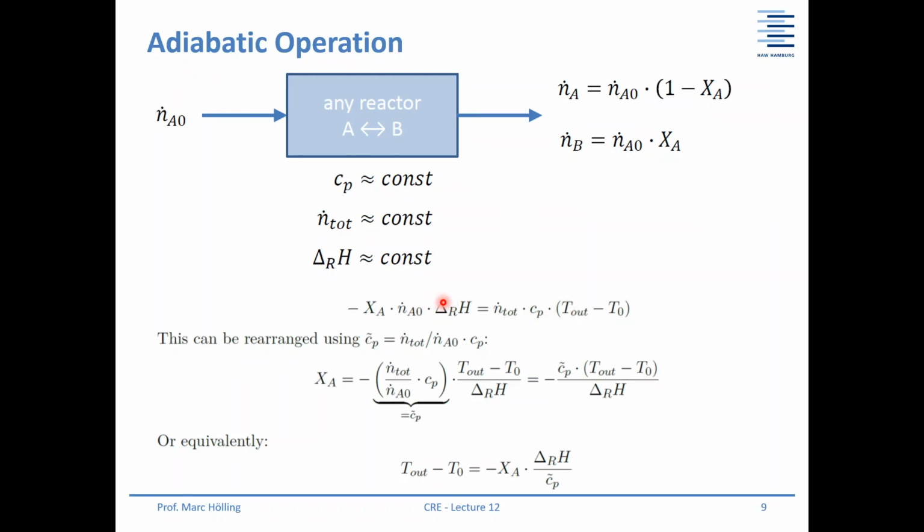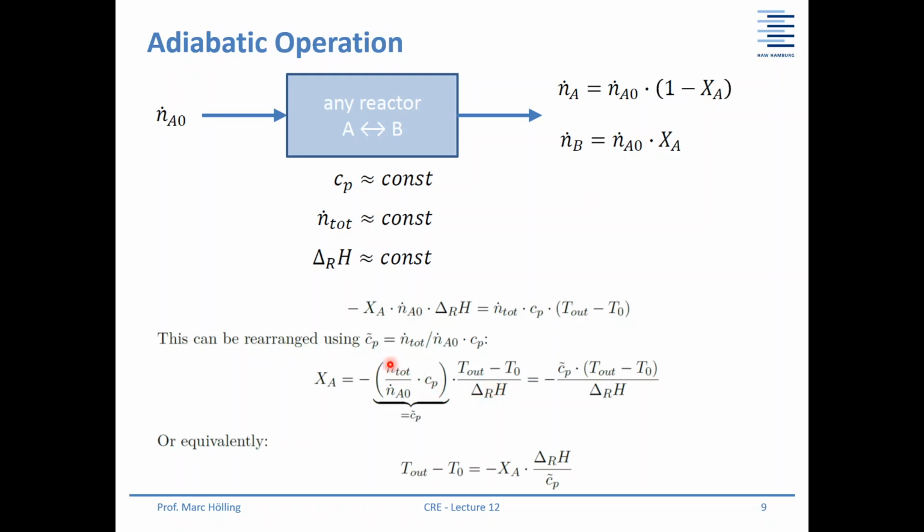Yeah, so if you can rearrange it, you can say, okay, I write it here like this. Our conversion is minus the ratio of the mole flows times the heat capacity, so the heat capacity of your total mole flow. And then here you have the ratio of your temperature increase divided by the reaction enthalpy.